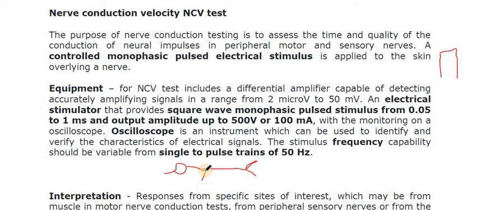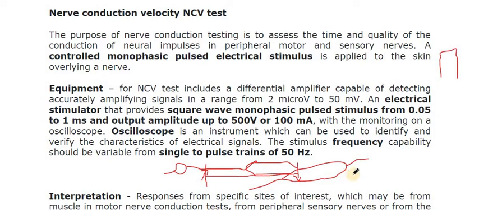This is my stimulation point, and suppose I have a muscle here to which this neuron is supplying. So I will stimulate here, and let's say the muscle contraction is achieved here. So this is my distance, the distance of travel of the impulse from this place to this place, and the time will be calculated by the equipment.